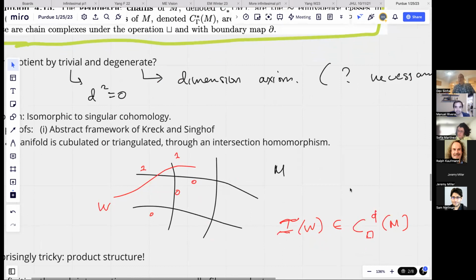And we show that inside of the geometric cochains of M, you've got the geometric cochains transverse to the cubulation, and that's mapping through this I, and both of these are quasi-isomorphisms.